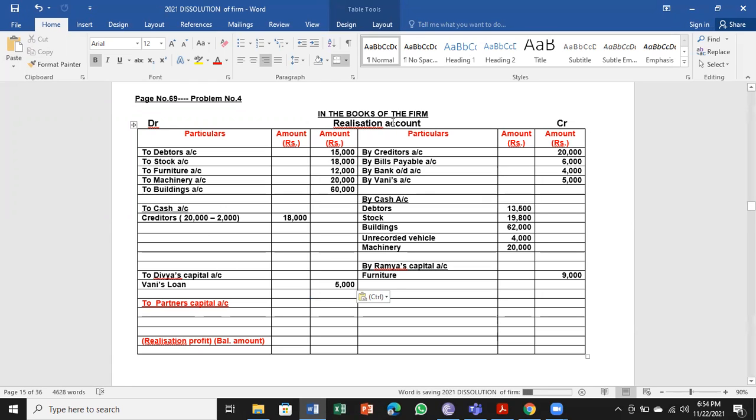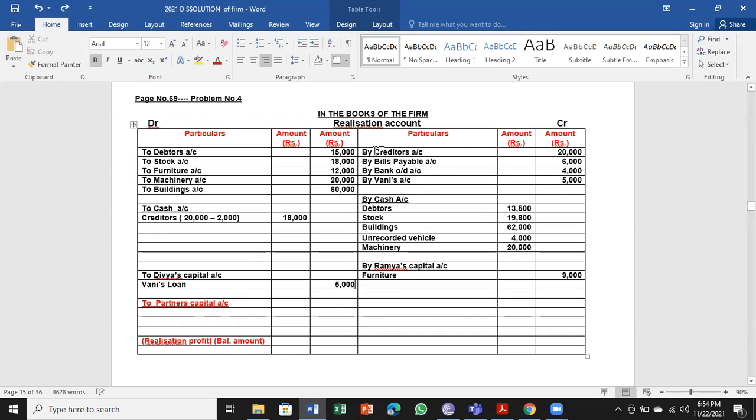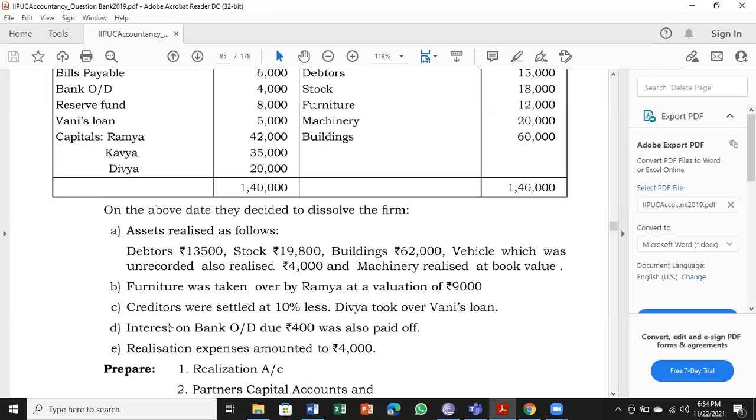So the entry will be realization account debtor to Divya's capital account, liability taken over. Liability taken over. So remember here, there are 4 liabilities. What you can see here, creditors, bills payable, bank OD and one is loan. So here we have taken one is loan and creditors 2 are done. 2 more are there. Let's see further.